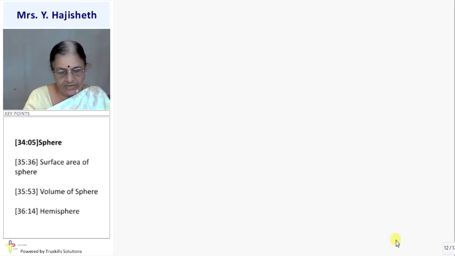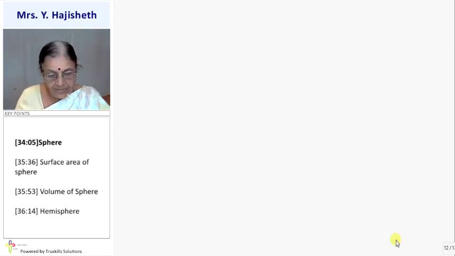Now we are talking about the last concept and that is a sphere, clear? Now what is a sphere? Circle तो आपने देखा है.